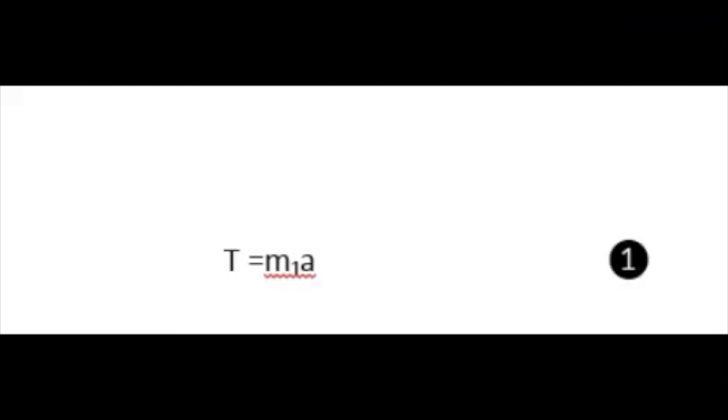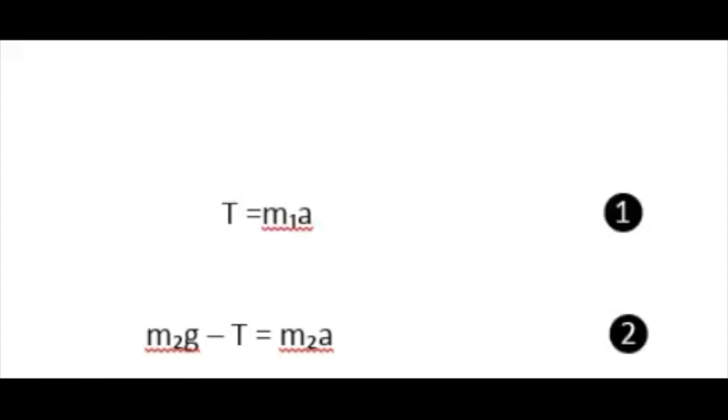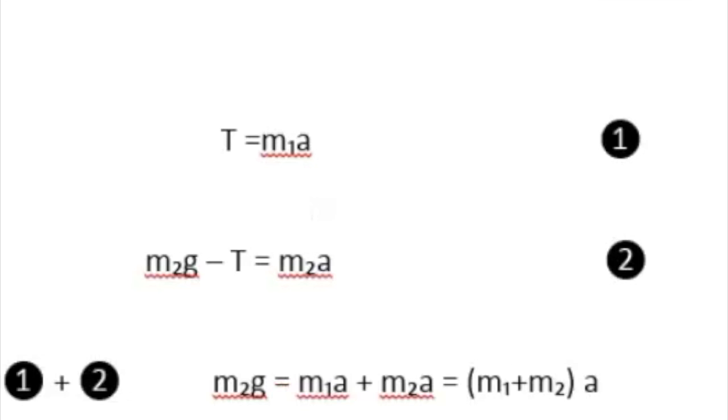If we generalize and say the masses are M1 and M2, then our first equation is T equals M1a. The second equation would be M2g minus T equals M2a. Adding equations 1 and 2 gives M2g equals M1a plus M2a, or M1 plus M2 in brackets times a.